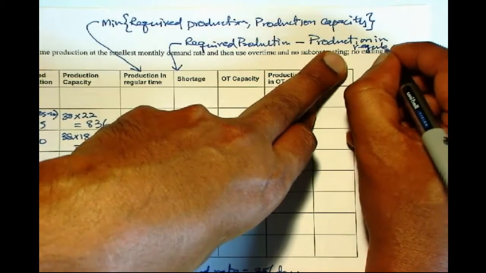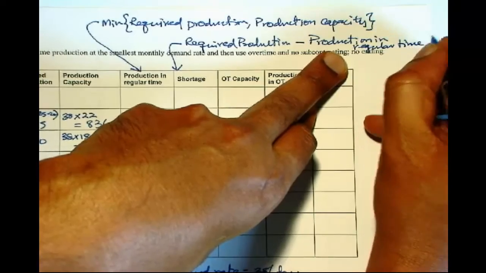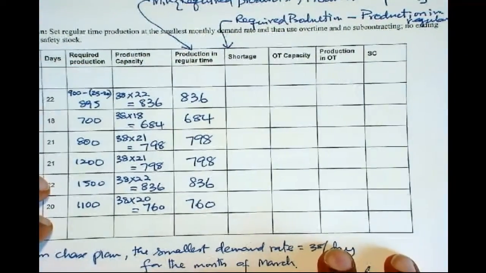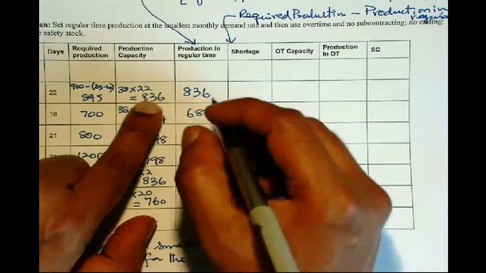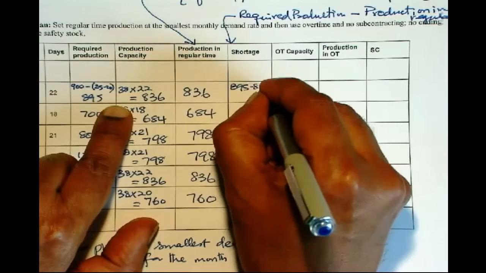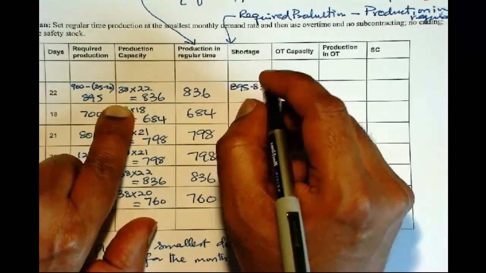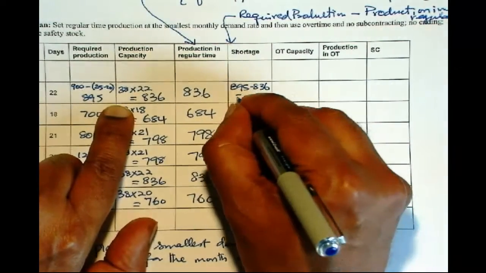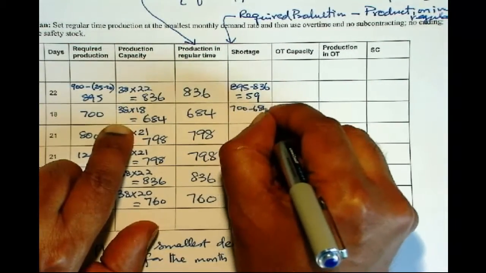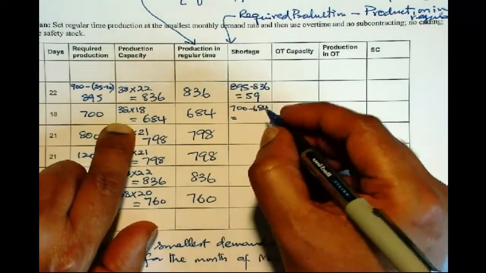That's your actual production. So here we have 895 minus 836 will give you 59. 700 minus 684 will give you 16.